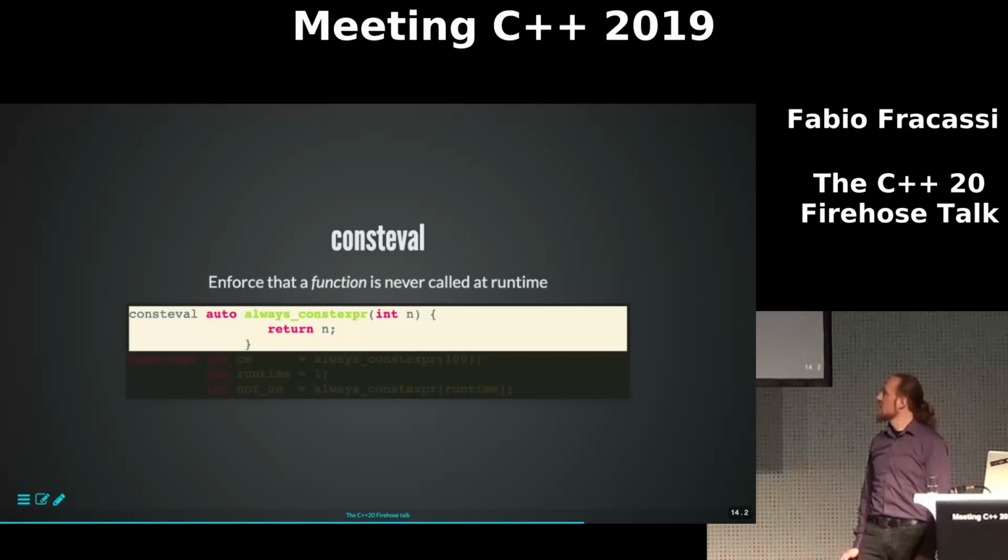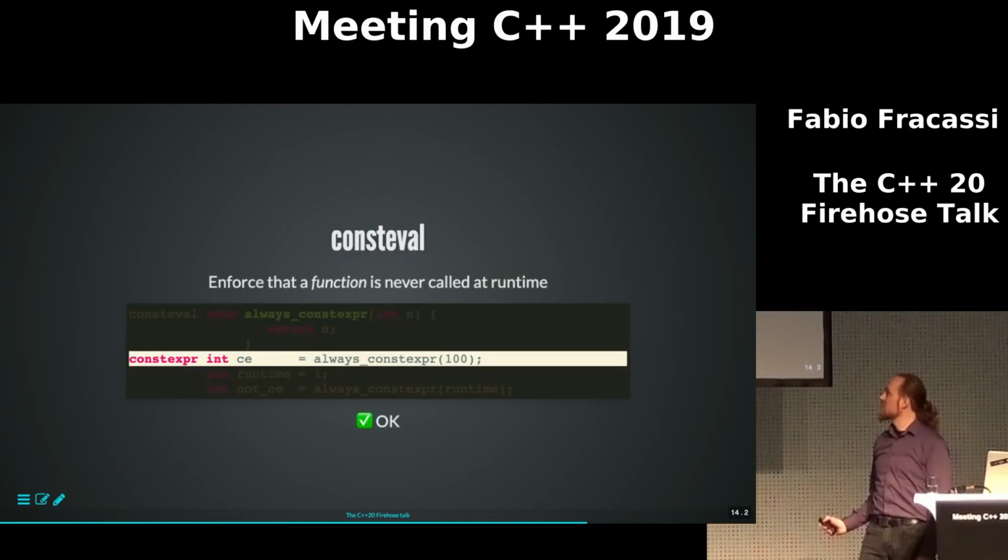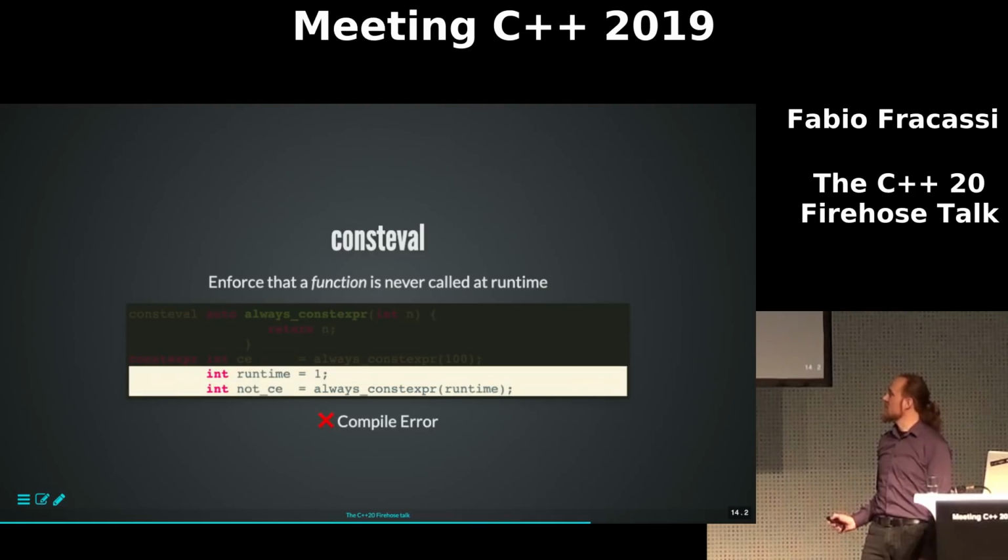So you have this function, it's annotated with consteval, and this works. You use it in a constexpr context. This is okay. If you use it in a runtime context, this is not okay. This will be a compile time error. Okay? This is useful.